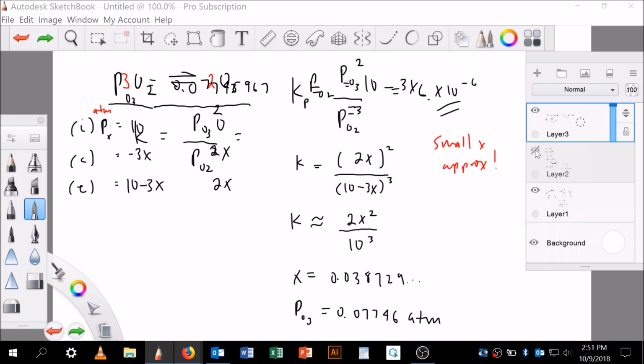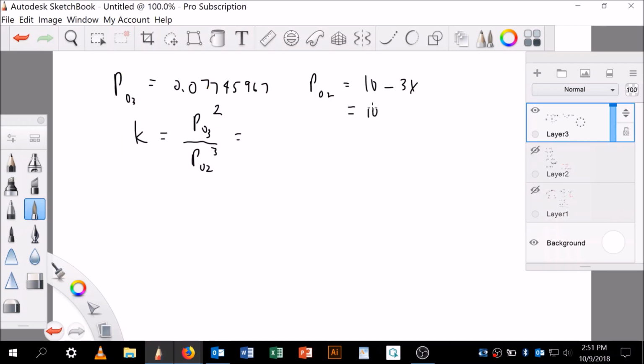Okay. 10 minus 3x, which is equal to 10 minus, just a minute here, store that, times 3 divided by 2 equals 10 minus 0.11619, which is equal to 9.8838.